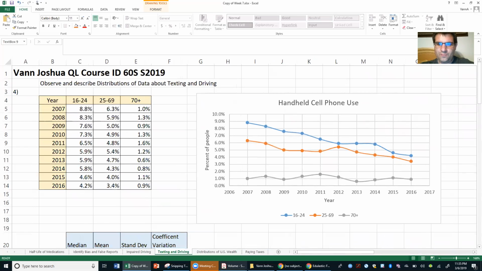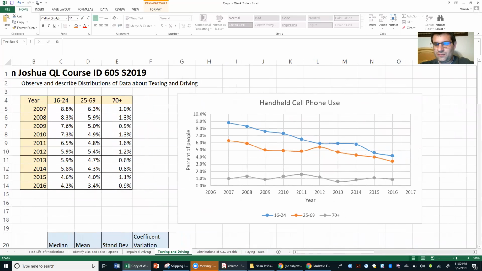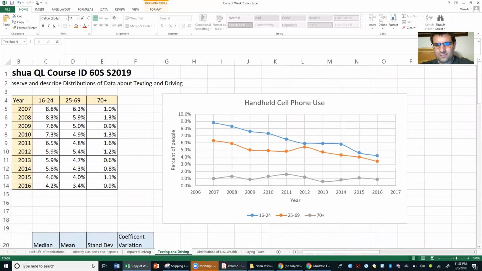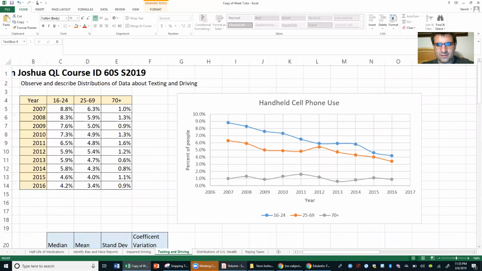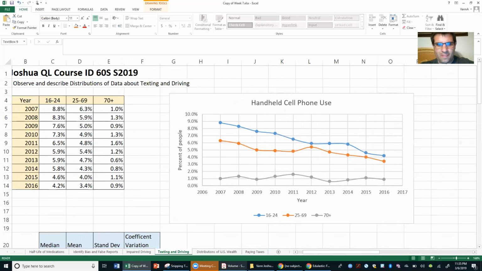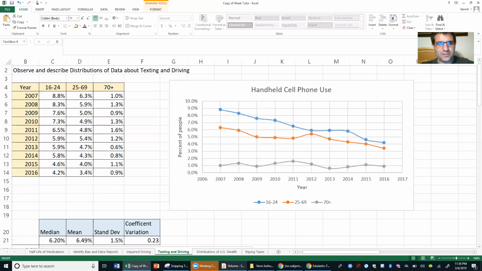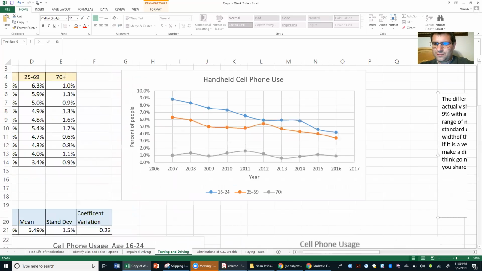We used line charts to show the differences as far as percentage in age groups, and also the years and the percentage of people who used handheld cell phones.